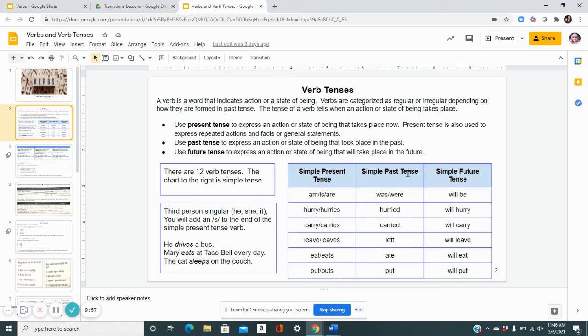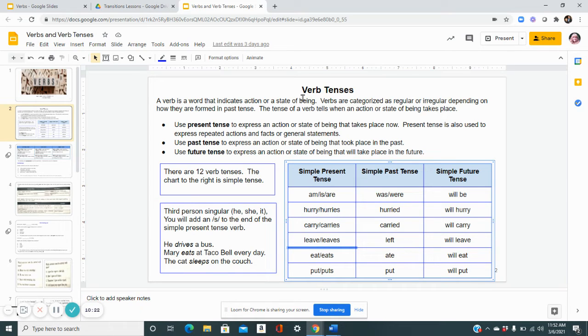I know I'm not saying this very well, but in each type of verb tense, like simple tense or progressive tense or perfect tense, those are the major tenses. And within each of them, we have categories of tenses. We have present tense, past tense, and future tense.